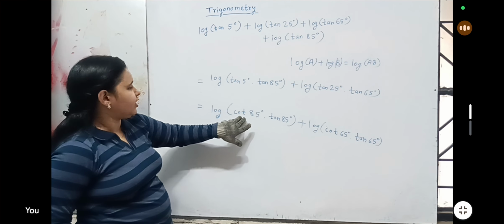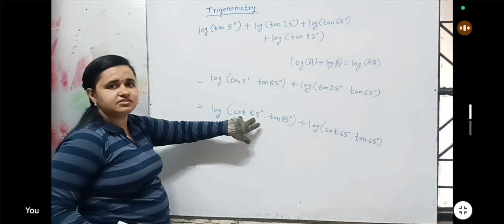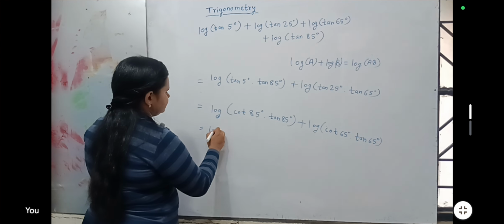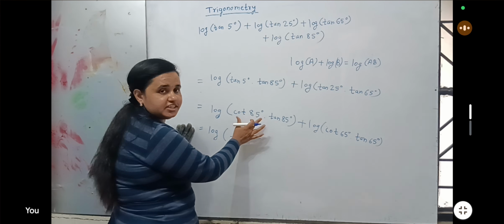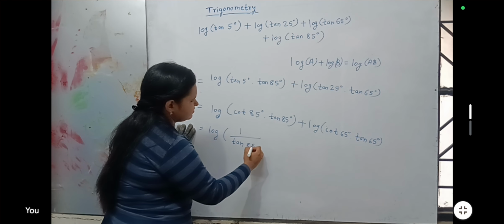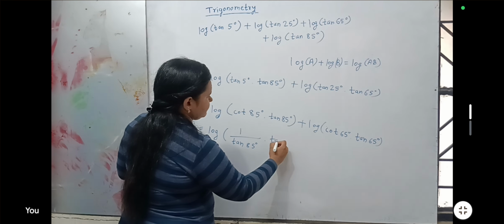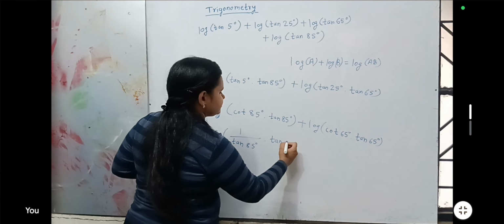Now cot of 85 degree, we can write cot as 1 upon tan. So cot 85 degree will be 1 upon tan 85 degree, and tan 85 degree will be as it is.